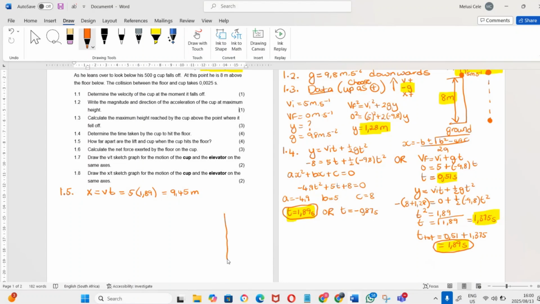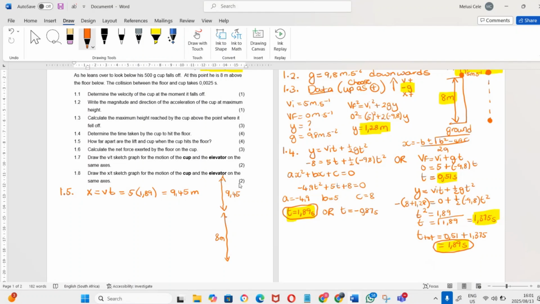All right. So that's from the time the cup actually fell. So we know that the cup fell 8 meters above the ground. Then the elevator continued to travel for an additional distance of 9.45 meters while the cup was falling.